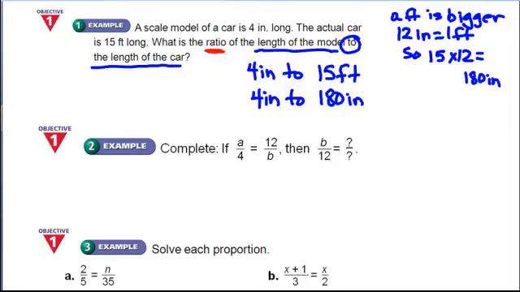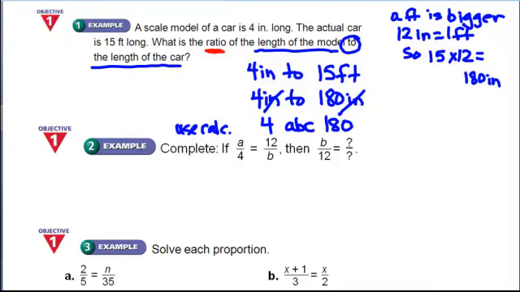Same thing. But the reason why we do this is because we can cancel out the inches, and we have this number 4 to 180, which we can reduce. If you use your calculator, you're going to type in 4, use your ABC button, 180.